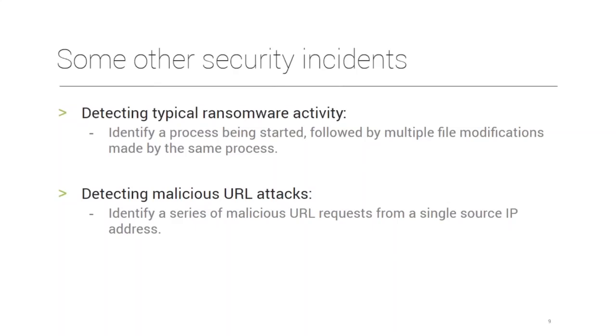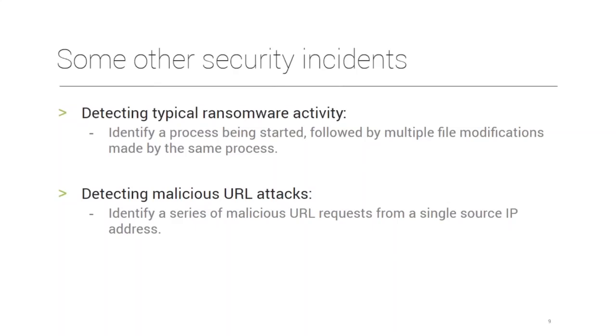So what are these common steps? A typical ransomware attack progresses by starting a process on any one infected system, and this process then proceeds to modify, which is to say encrypt, a bunch of files on that system.